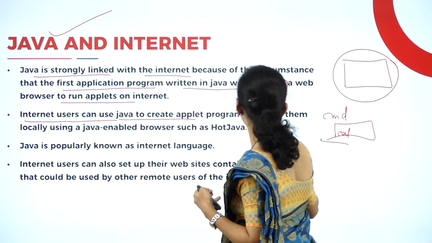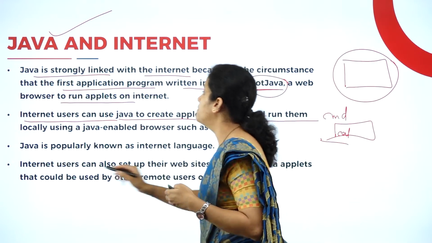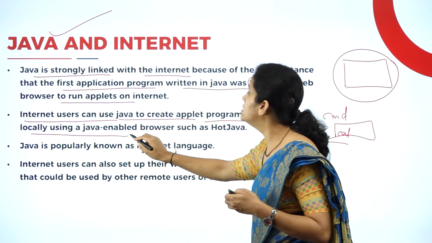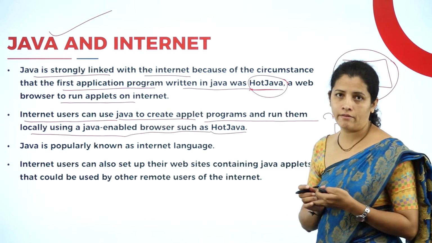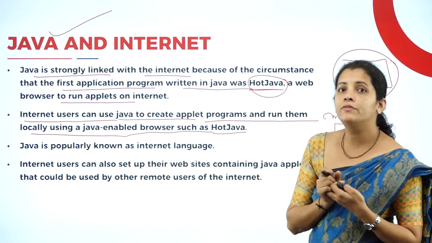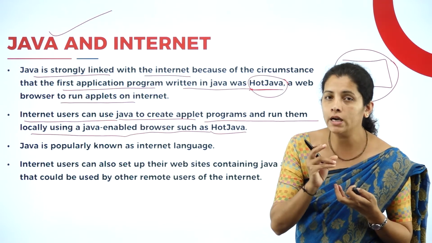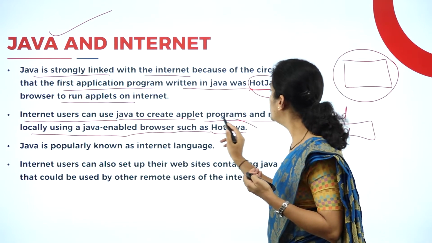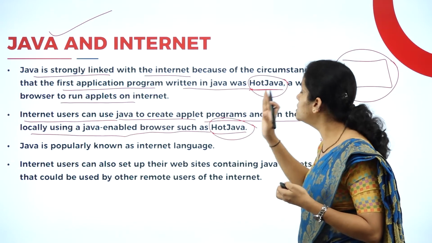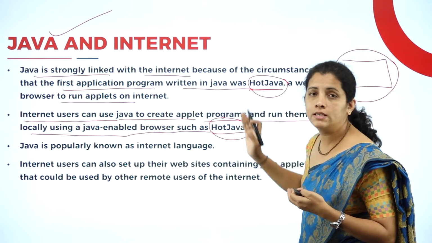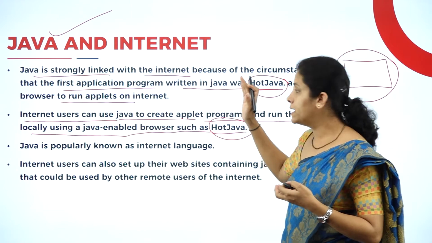Here the applet programs run locally using Java-embedded browsers such as HotJava. That means if you want to run your applet program locally, I use HotJava. So this is the first web browser designed using the Java programming language.